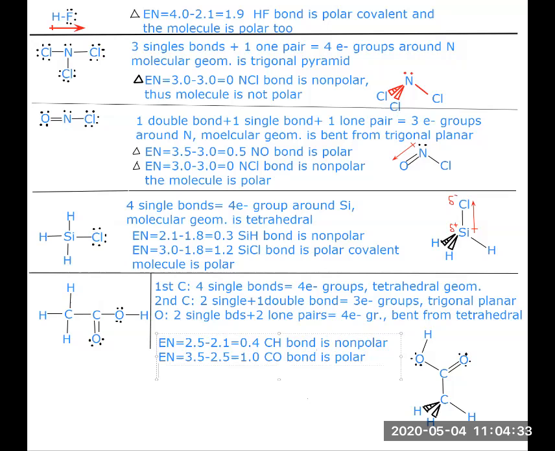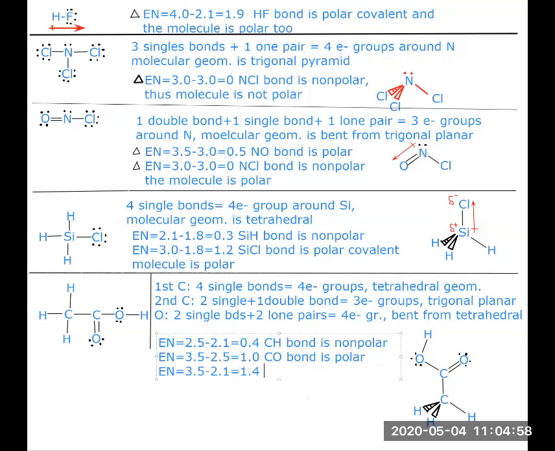And the last one is the OH. So electronegativity difference for the OH bond. Electronegativity of oxygen is 3.5 minus 2.1 for hydrogen equals, let me make sure I do this. Yeah, it's 1.4.